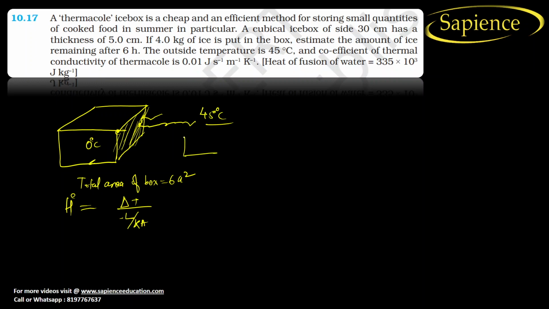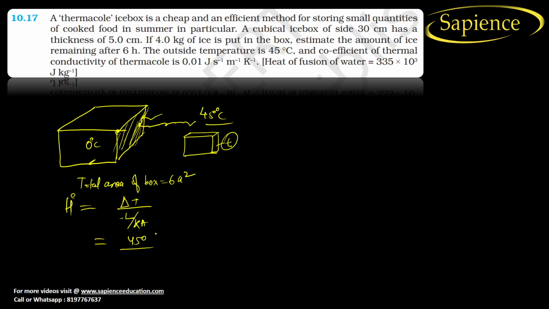For example, there is one side and its thickness is like this. So from here delta T, the temperature difference, is 45, divided by the thickness.